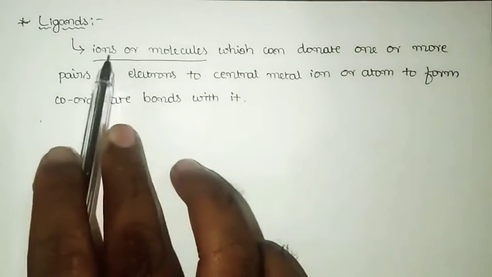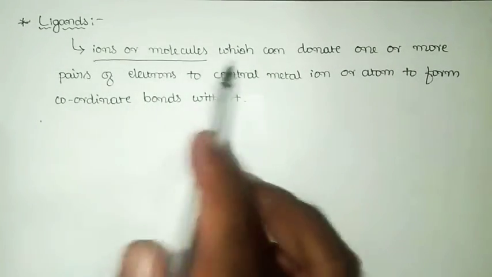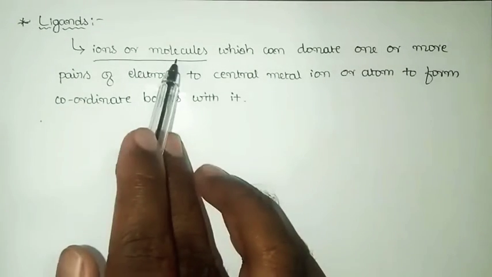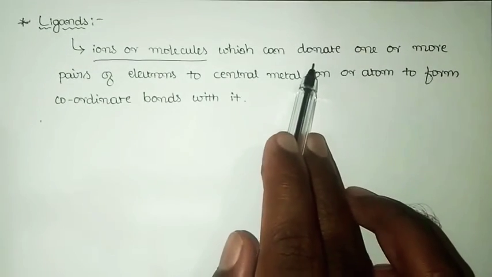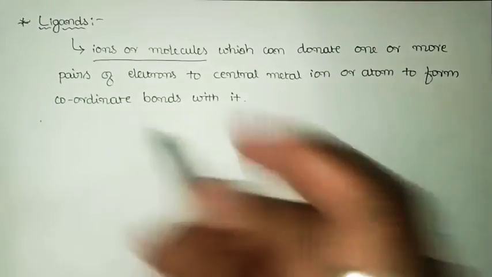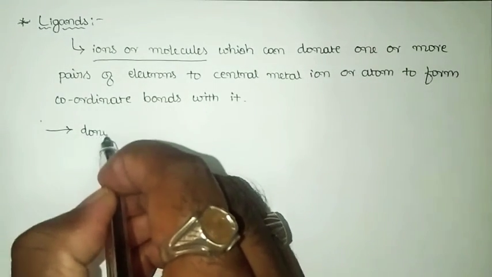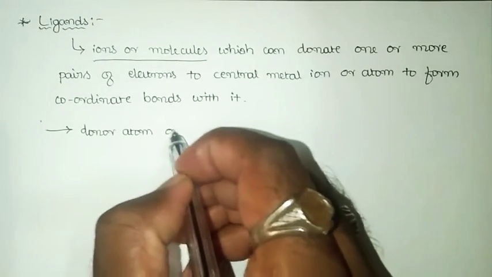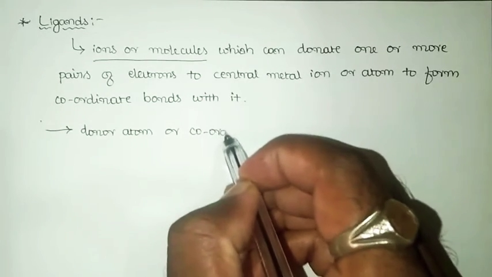So in the ligands, the atom of the ion or molecule, or strictly speaking, the atom of the ligand which is donating the electron pairs to the central metal ion will be called the donor atom, or it can also be called the coordinate atom.